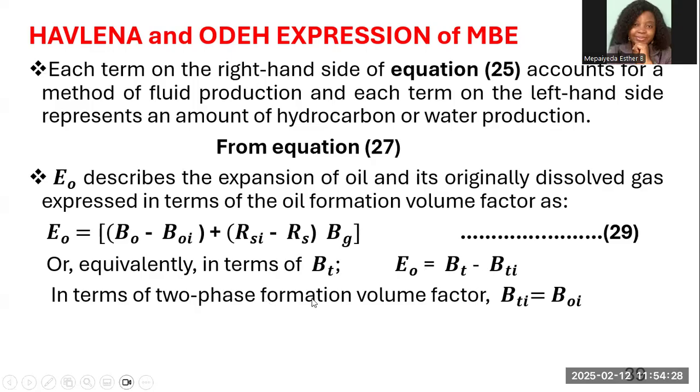In terms of two-phase formation volume factor, Bti equals Boi. I believe you can remember that from your Bo pressure plots. Your Bti equals Boi because it is a two-phase formation volume factor, and your reservoir is already in the saturated state. So your Boi is actually a Bti because it's already in two phase. There is gas and there is oil present.